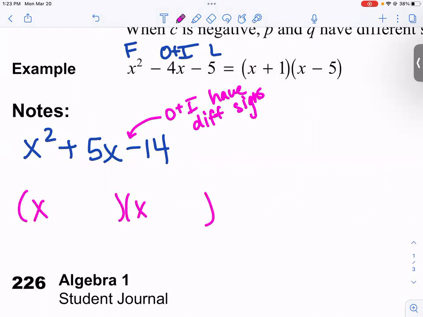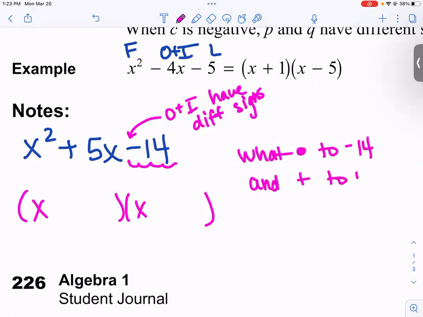This is our last product. I want to know two numbers that multiply to equal -14 and they add to equal a +5.